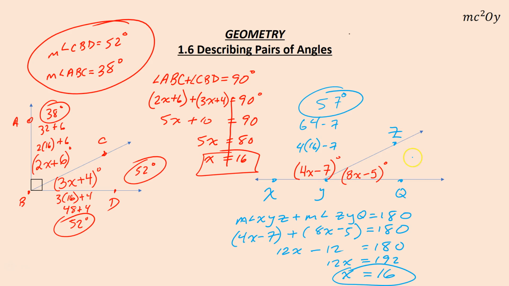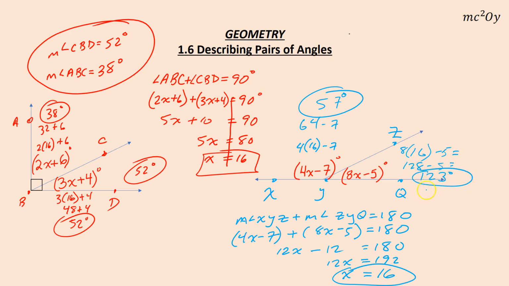And 16 times 8, so plugging in 16 here, minus 5 is equal to, well, 80 and 48 is 128 minus 5, which is 123.